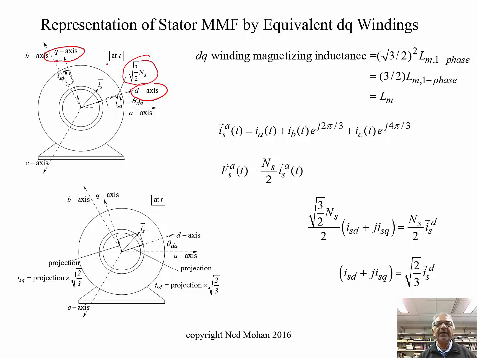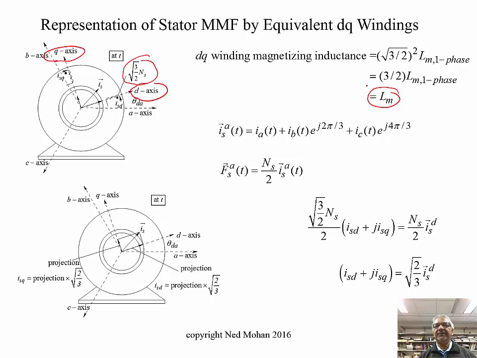And the reason we choose this ugly factor of 3 over 2 is because we want the magnetizing inductance of any of these D or Q windings to be the same as the per phase inductance that we saw in ABC frame. And so in ABC, when we're talking about the magnetizing inductance of phase A, there was contribution to the flux linkage in phase A from phases B and C.